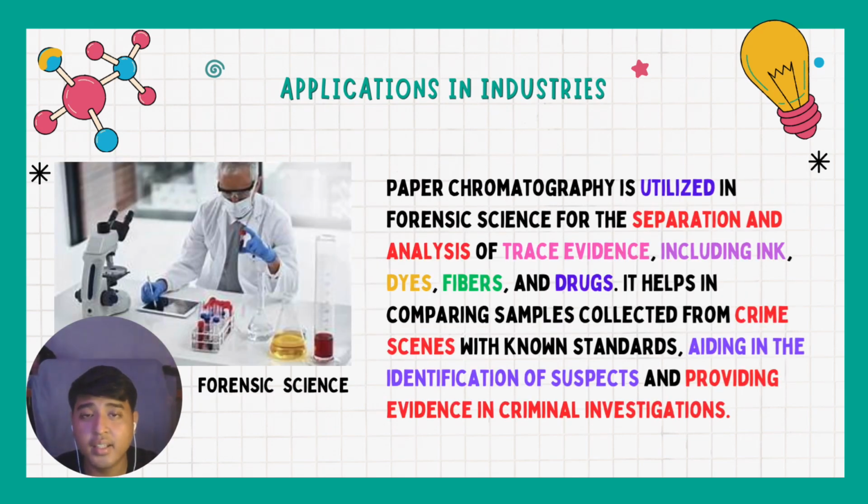The second application is forensic science. As we know, in forensic science we commonly use chemicals to provide evidence in criminal investigation. Paper chromatography is utilized in forensic science for the separation and analysis of trace evidence, including ink, dyes, fibers, and drugs.